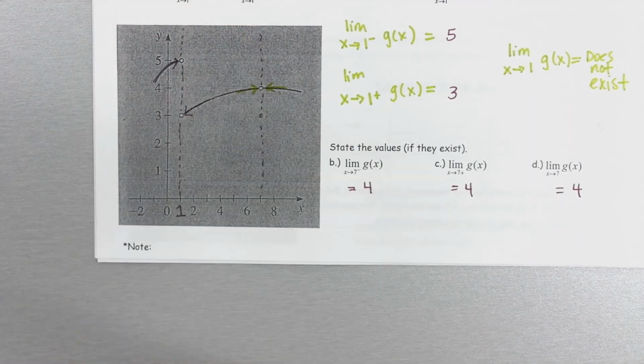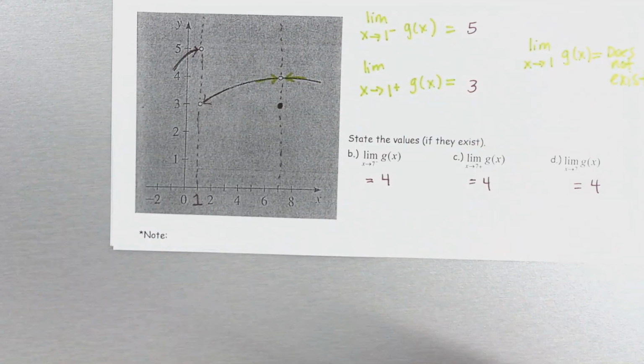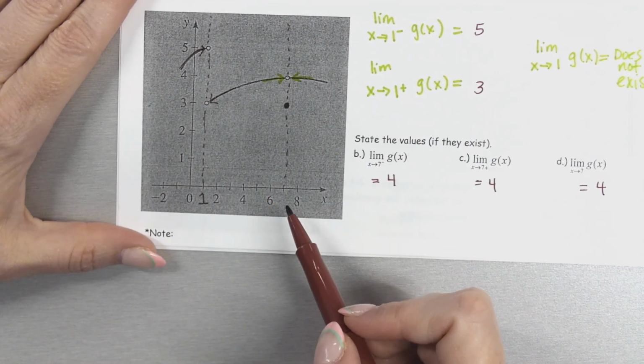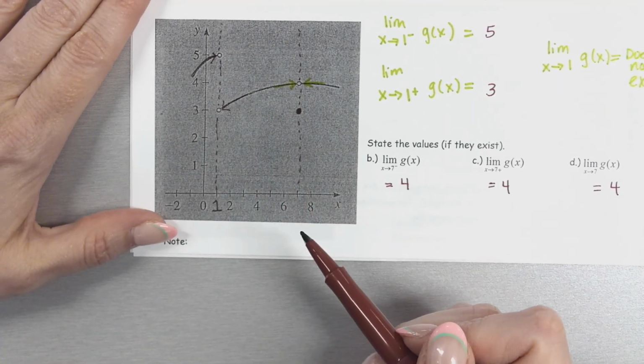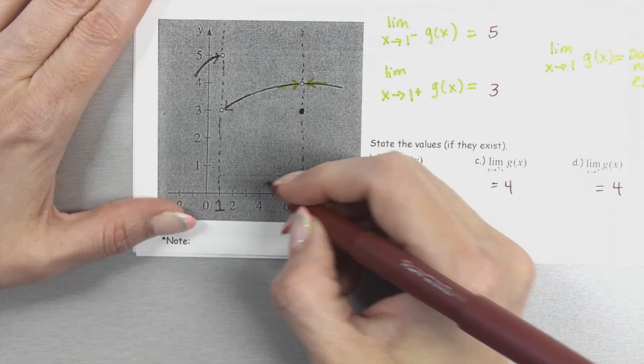I do want to just make a note of this here. Even though, if somebody were to ask you what g of 7 is, it's not 4. It's actually 3.